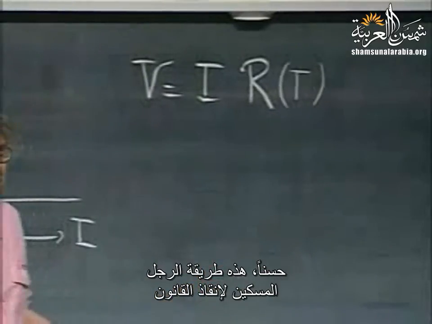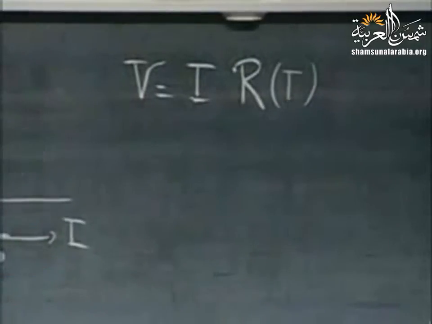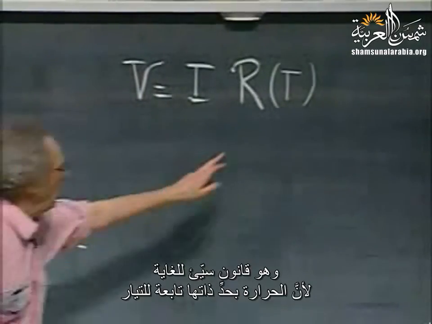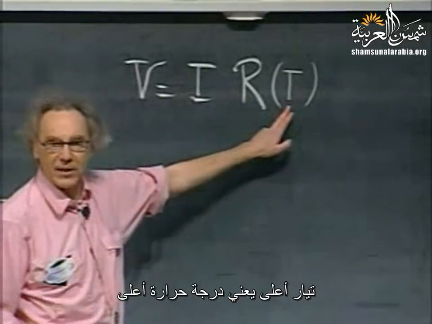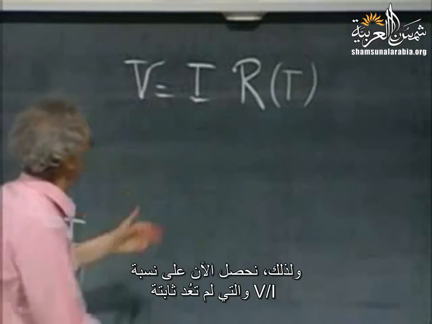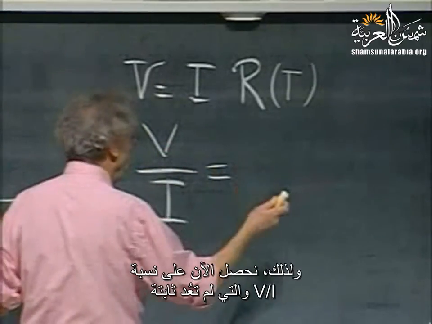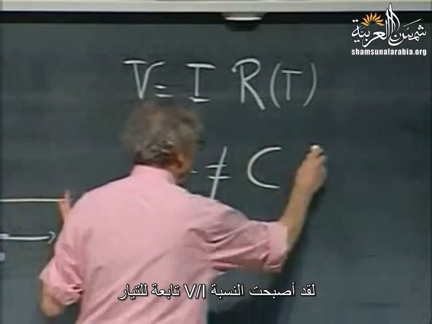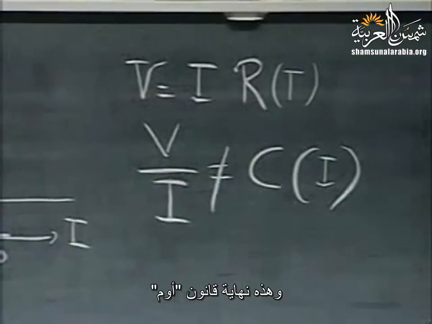Well, yeah, that's an incredibly poor man's way of saving a law that is a very bad law, because the temperature itself is a function of current. The higher the current, the higher the temperature. And so now you get a ratio V divided by I, which is no longer constant. It becomes a function of the current. That's the end of Ohm's law.